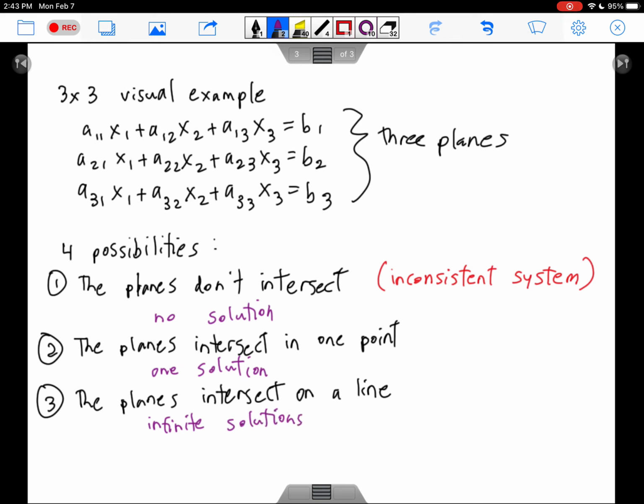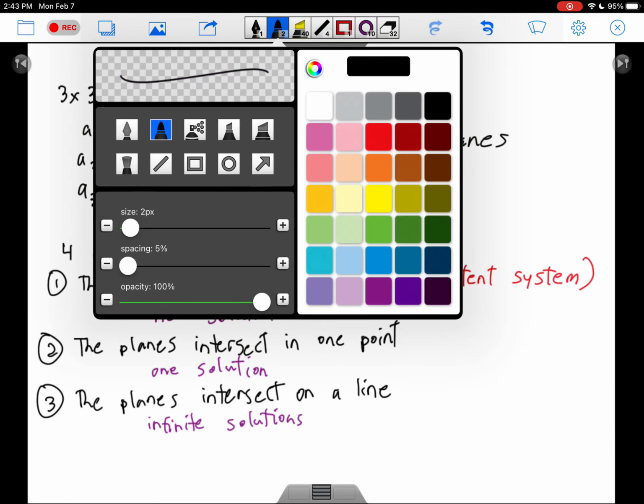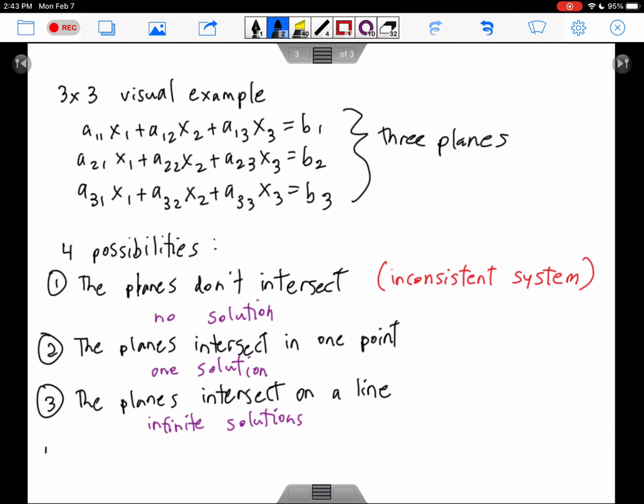Is that the last thing that can happen? No, there is a fourth possibility, which is that all the planes are identical. If all the planes are identical, by the way, then that means that the planes intersect on a plane, don't they?